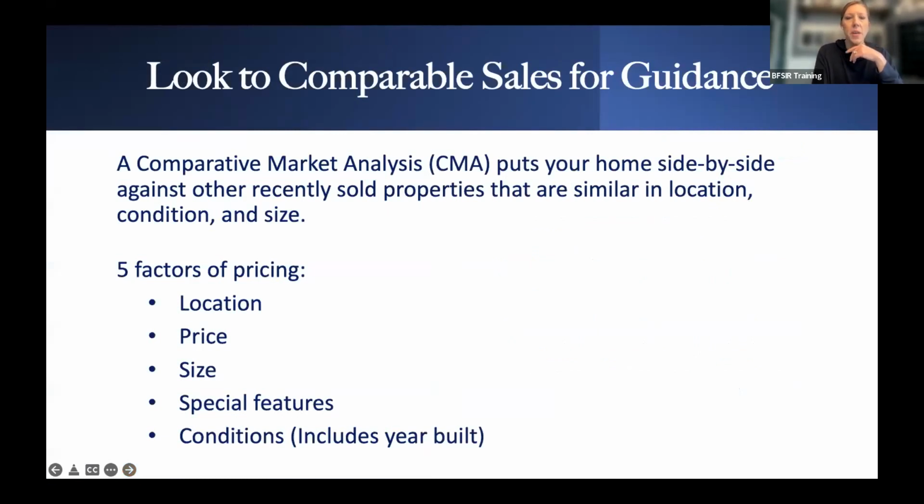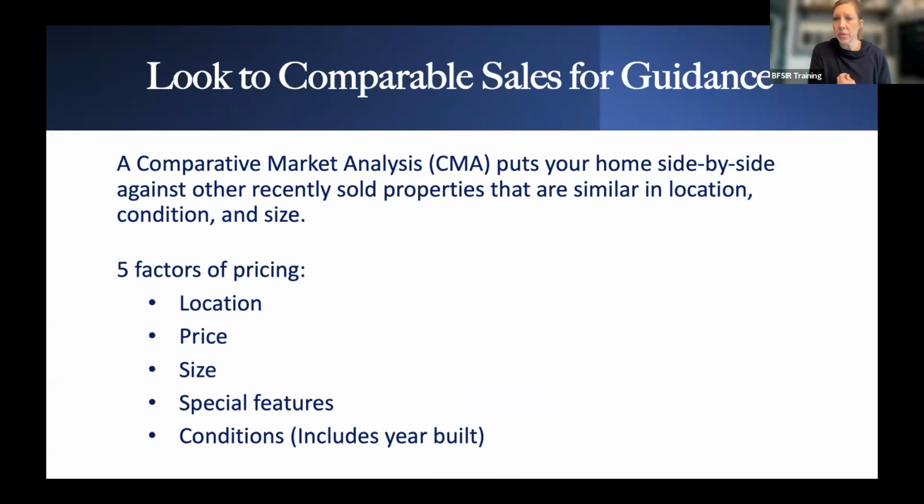Okay, so first of all, just talking about comparable sales for guidance. I know many of us have heard the term CMA. Even a lot of our clients have heard us using it because realtors just use that terminology. I think it's important for us not to assume our clients know what it means, though. And we don't want to do a CMA just the way everybody else does it.